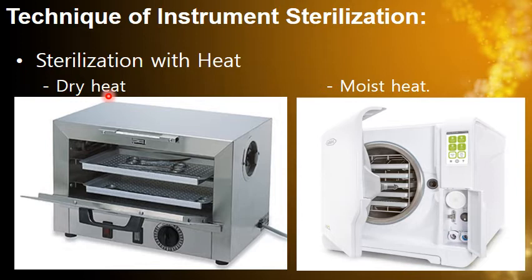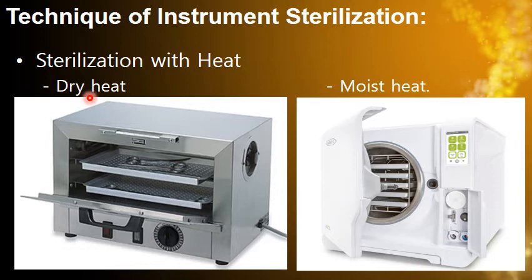So if there is any instrument that has the ability to rust due to the use of steam, I use dry heat. The success of sterilization by dry heat depends not only on the temperature, but also on maintaining the temperature for a sufficient time.